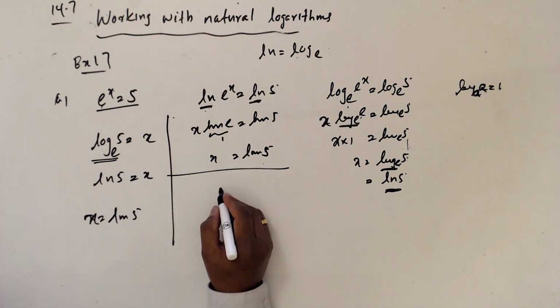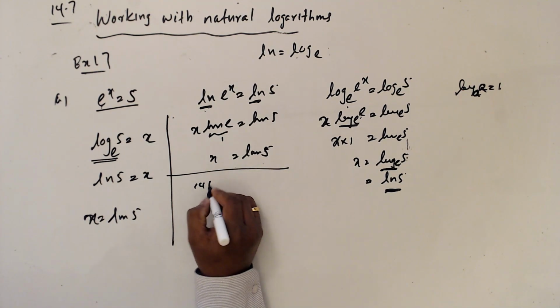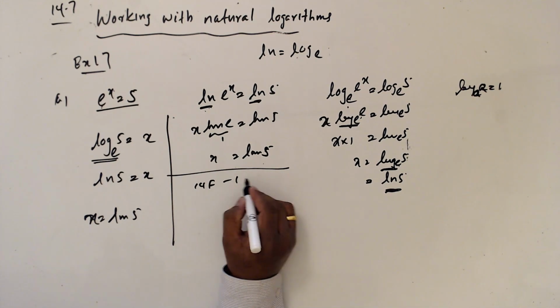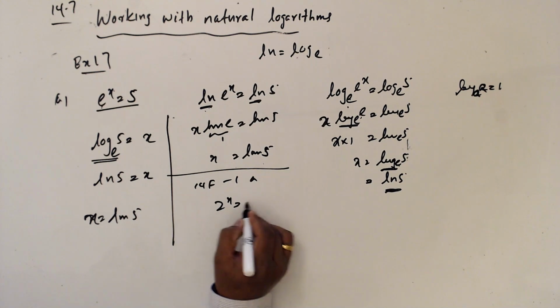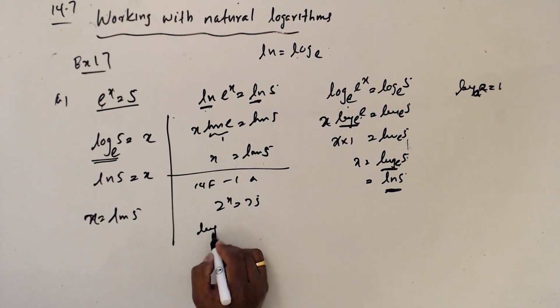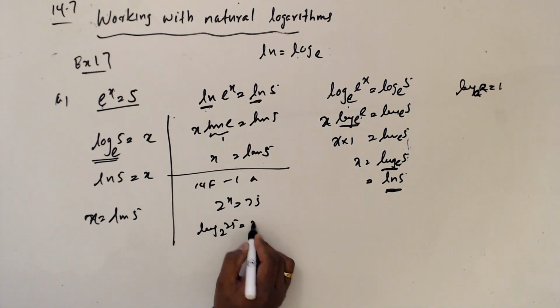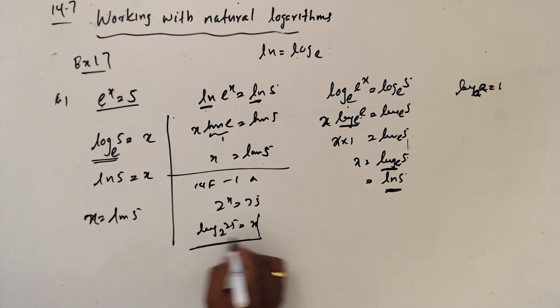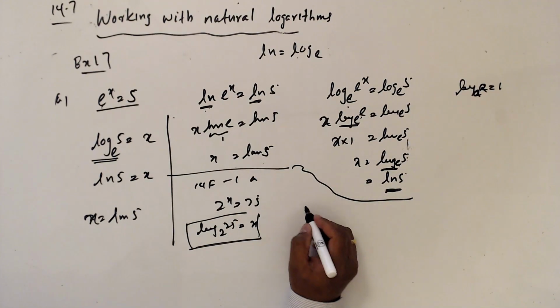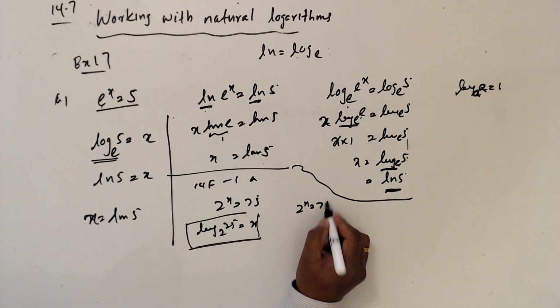For example, we worked out in example 14, question 1a, 2 to the power x equals 75. So we apply the first principle: log base 2 of 75 equals x. Or we can work it out differently. 2 to the power x equals 75.